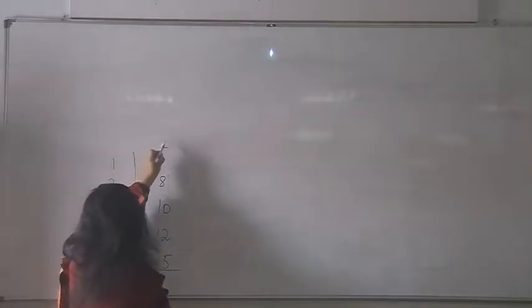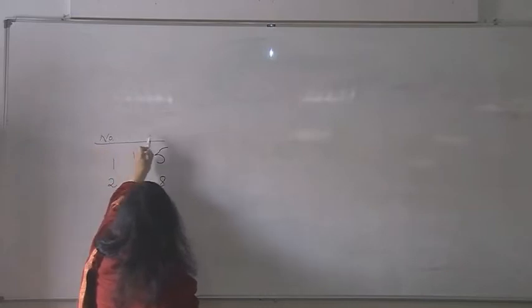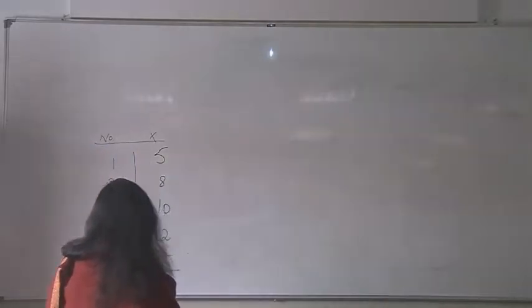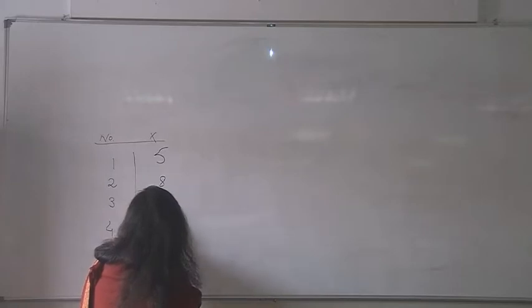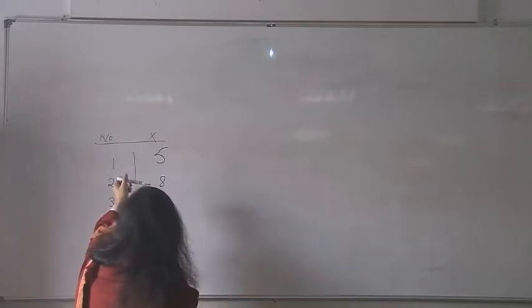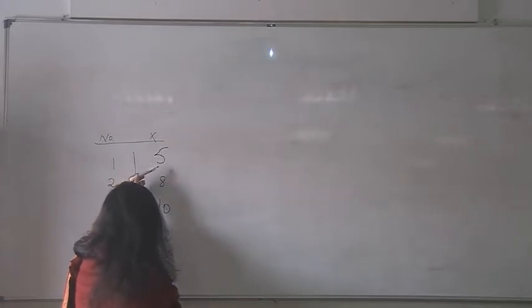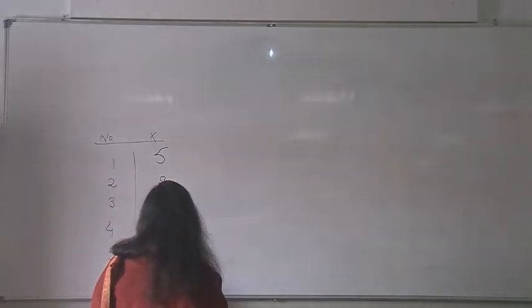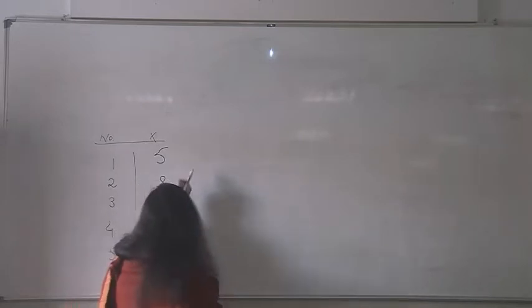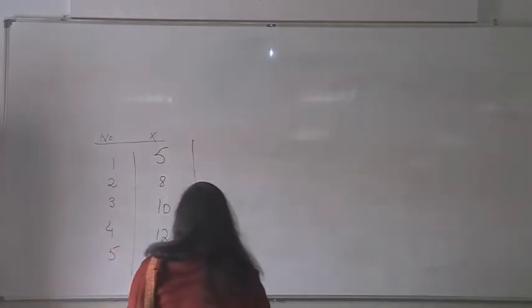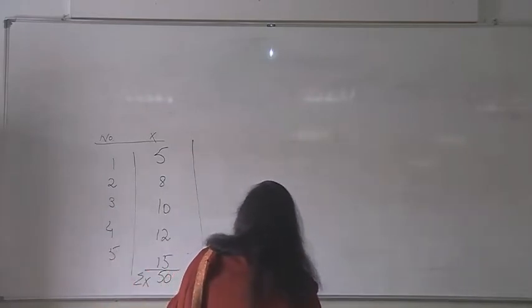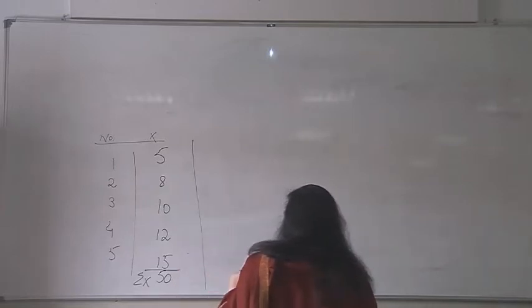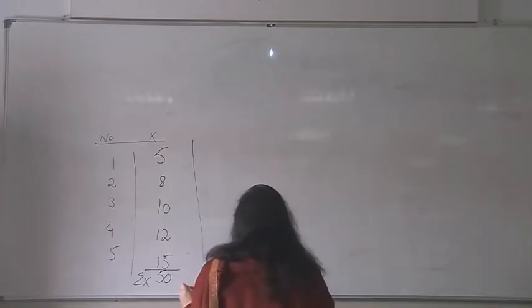We sum x as we go: 5, then 13, then 23, then 35, and then 50. So summation x is 50. We can also square this value.